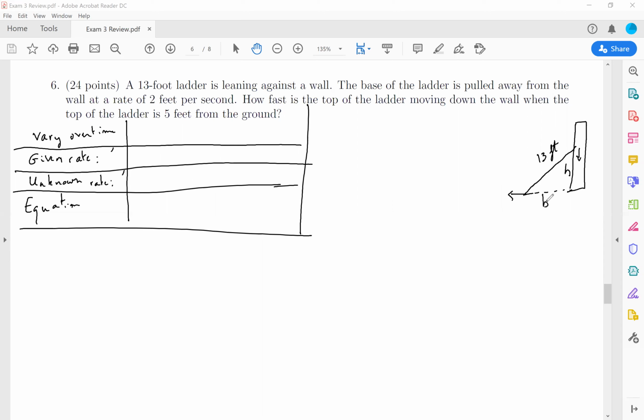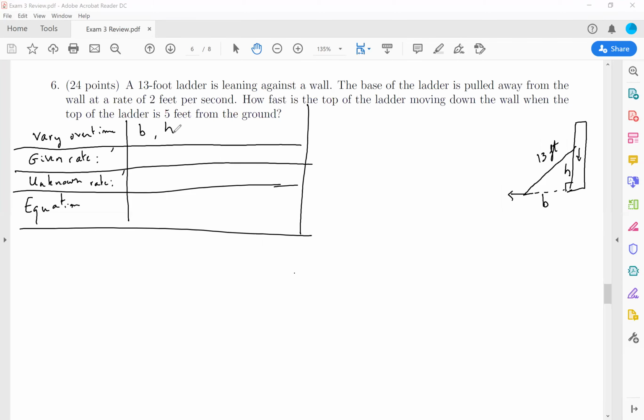So I'm going to call it B for base. And remember here we have a right triangle. So we're going to write B and H. Those are those quantities. And again, if I didn't have a picture, I would have had to define what B and H are for. But here it's very clear on my picture what B and H represent.